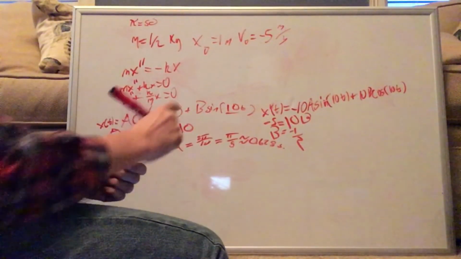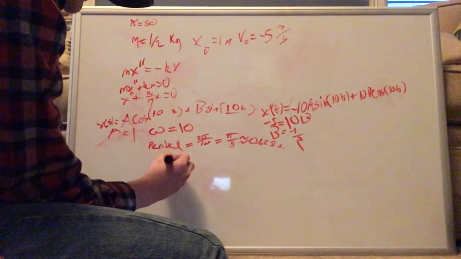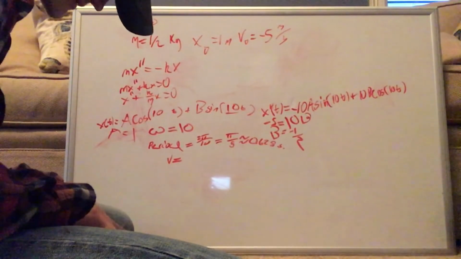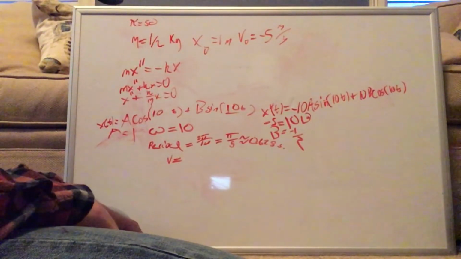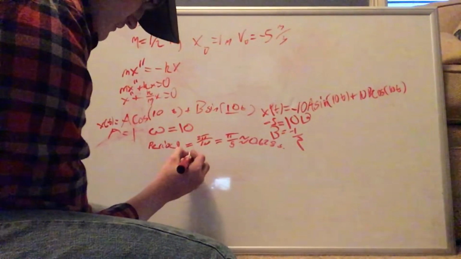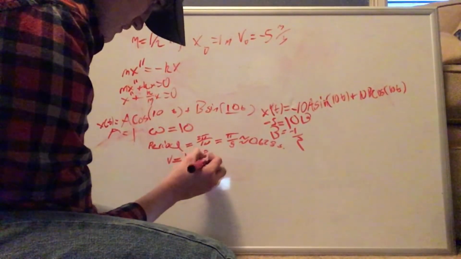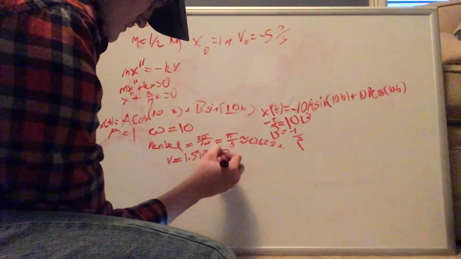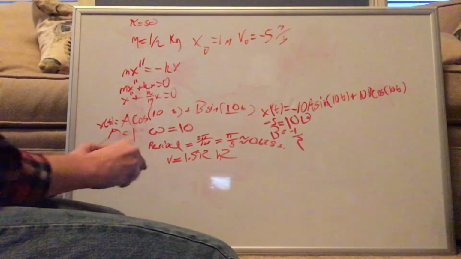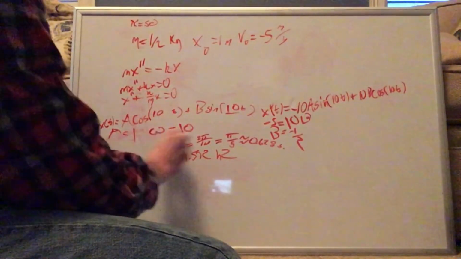The frequency, 1 over that, equals 5 over pi, 1.592 hertz. So that's the period and that's the frequency. I'll erase that because I'm running out of room.